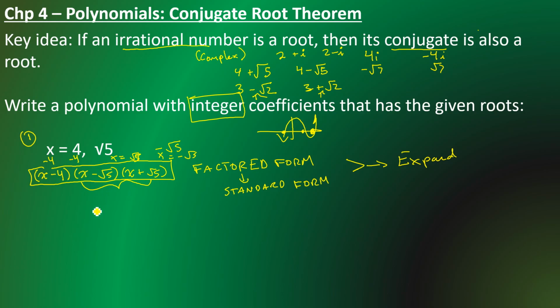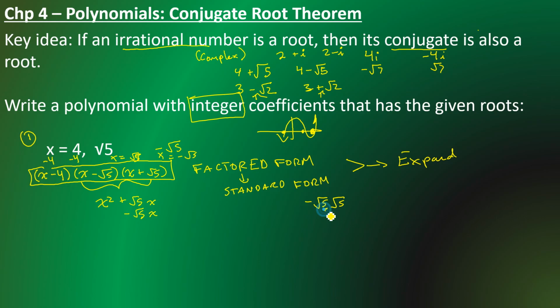So x times x is x squared, and x times this is plus root 5x. And then I have the negative root 5 times x. Notice I'm going to line it up right here with the one I already did, minus root 5x. And then finally, root 5 times root 5. Now, you may not know this.